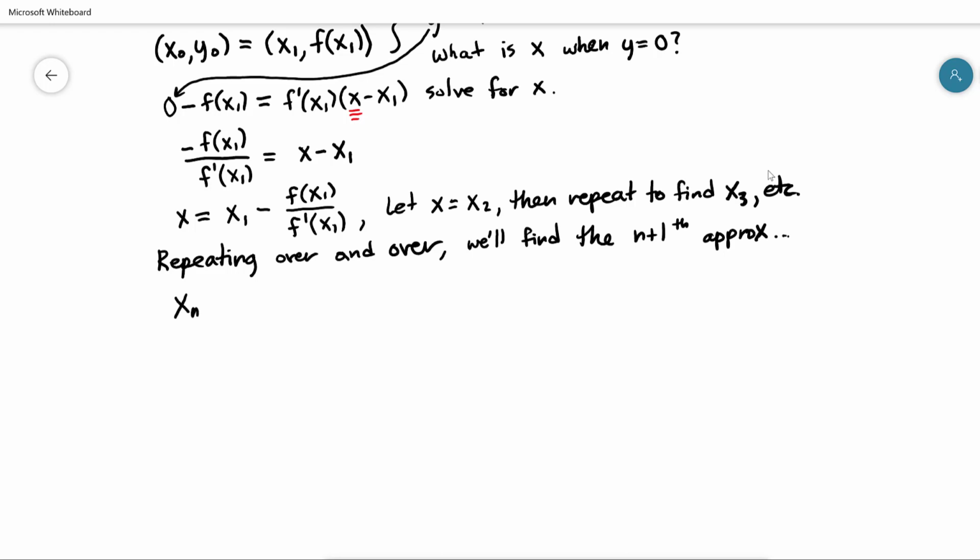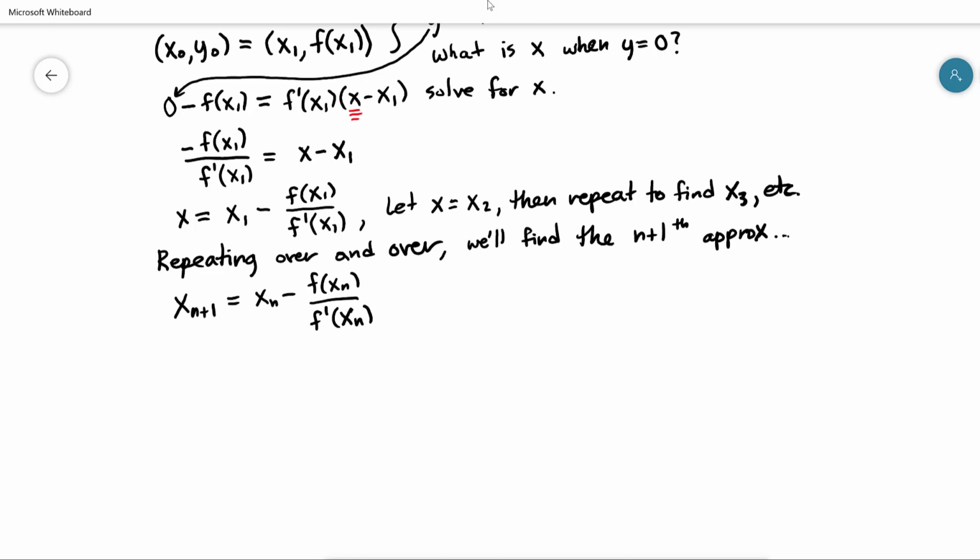It'll be our xn plus 1. So I'm going to use subscripts the exact same way that I did here with the 1, 2, 3, and so on, but now I'm generalizing it to n's and n plus 1s. So I'm saying that xn plus 1 is going to be equal to xn minus f of xn divided by f prime of xn.